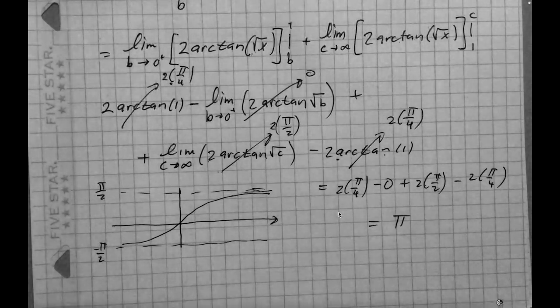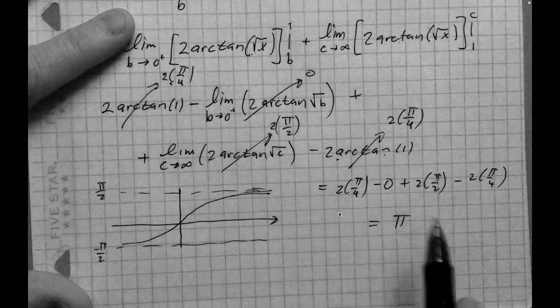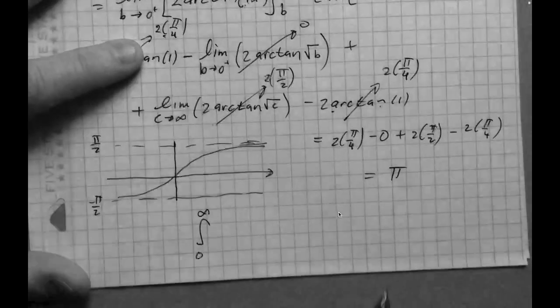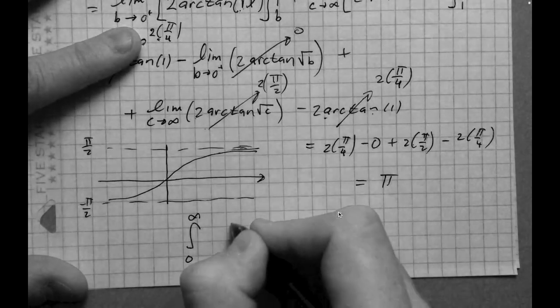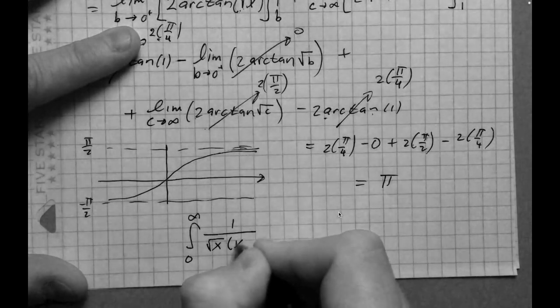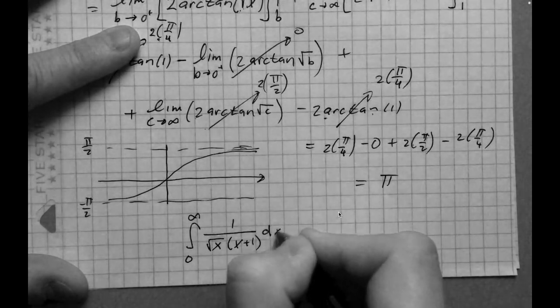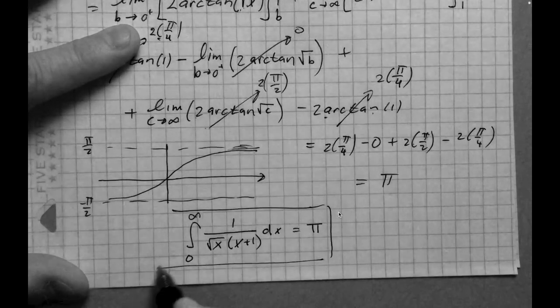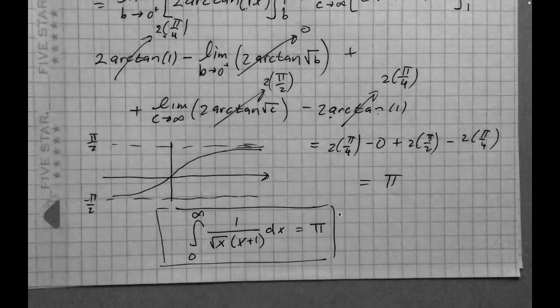So this area is finite and equal to pi. Just to bring that all into focus, the integral from 0 to infinity of 1 over square root of x times x plus 1 is equal to pi. Remarkable. Okay, so that's pretty cool.